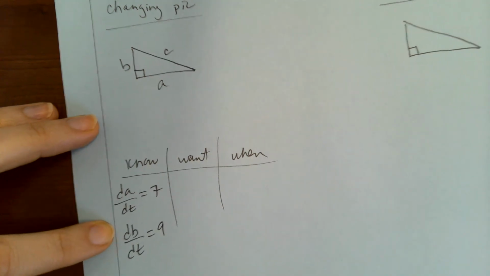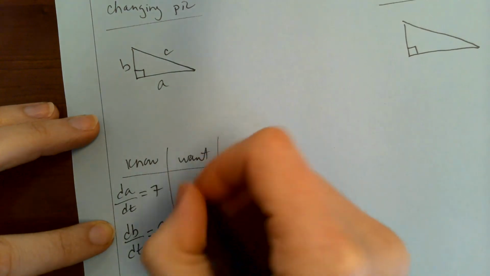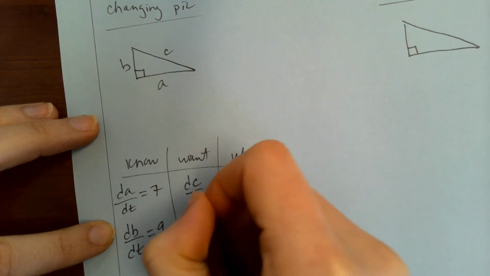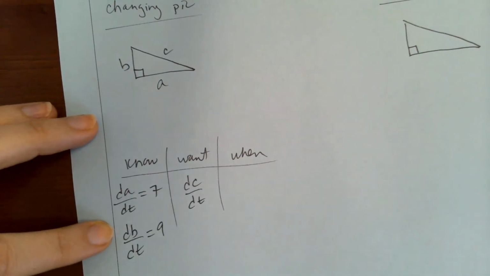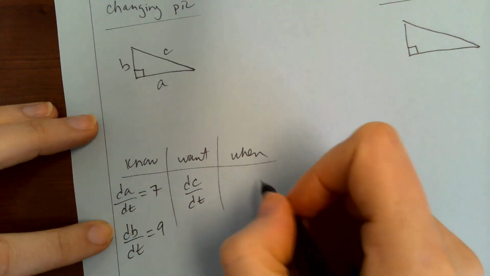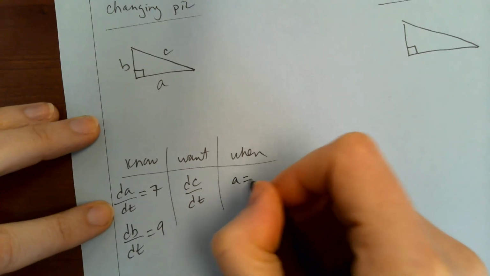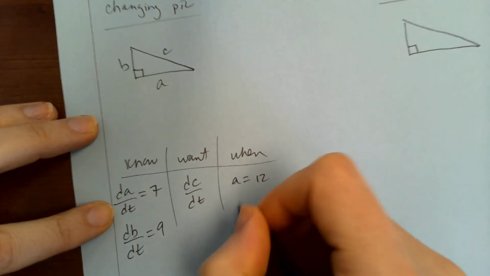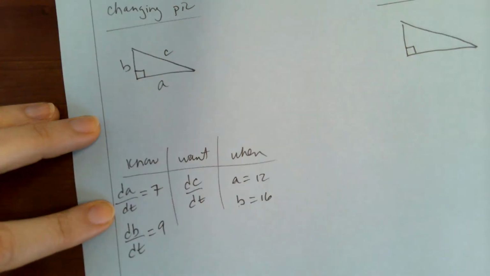What is the rate of change of the hypotenuse? So we want dC/dt of the triangle at the moment the above mentioned legs are 12 and 16 inches respectively. So when A is 12 inches and B is 16 inches.